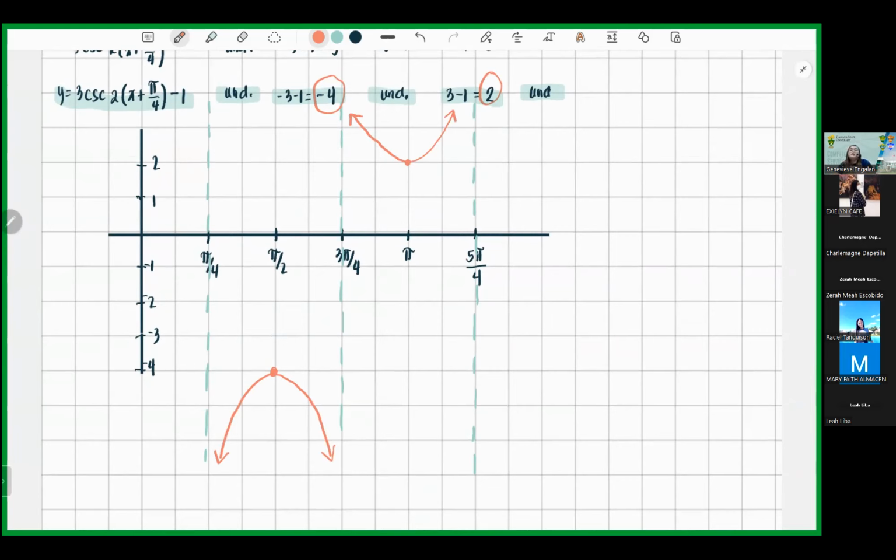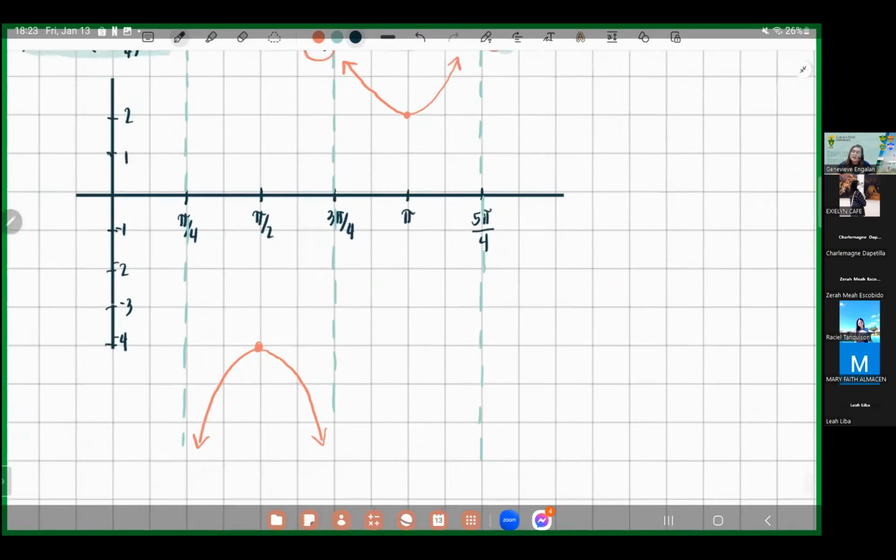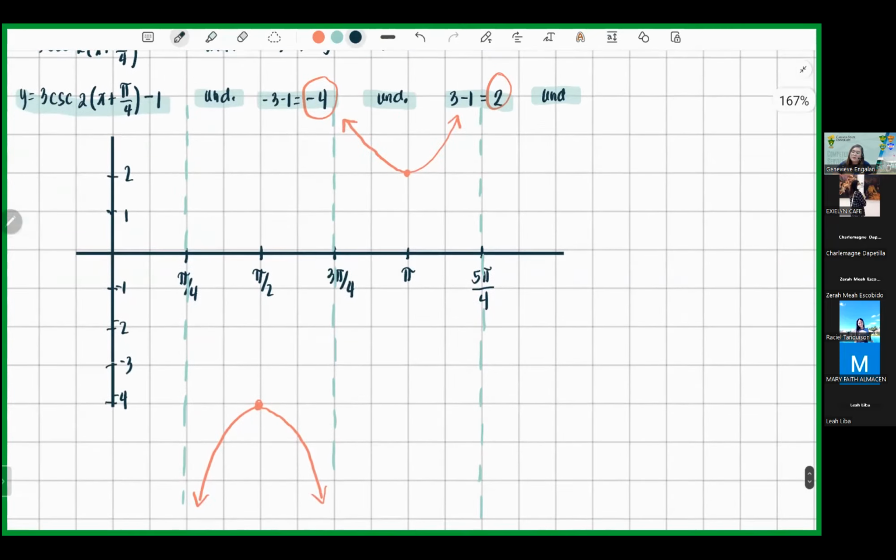Okay. So, what is our domain? Understood? It's just like that, class. Okay, so our domain is the set of x such that x is not equal to the asymptotes.